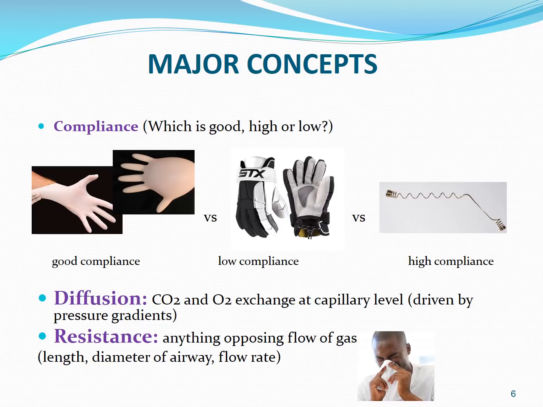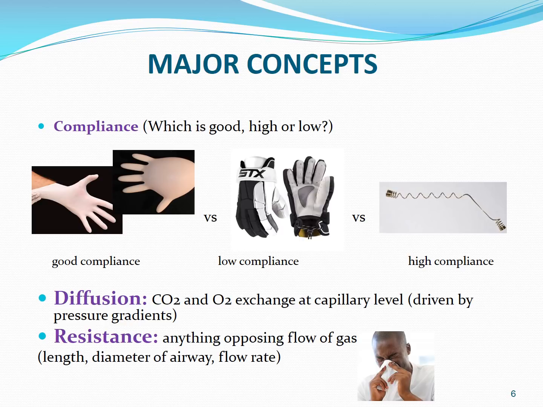And then when we look at resistance, it's just what it says. It's anything that's resisting the gases to flow. So for instance, if you have a stuffy nose, that's resistance right there. Somebody who has a very long airway, like think of a giraffe, that's a lot of resistance that the air has to meet before it finally gets to the lungs. Versus a very short airway, like a little bird. Think of a little bird airway that's very small.